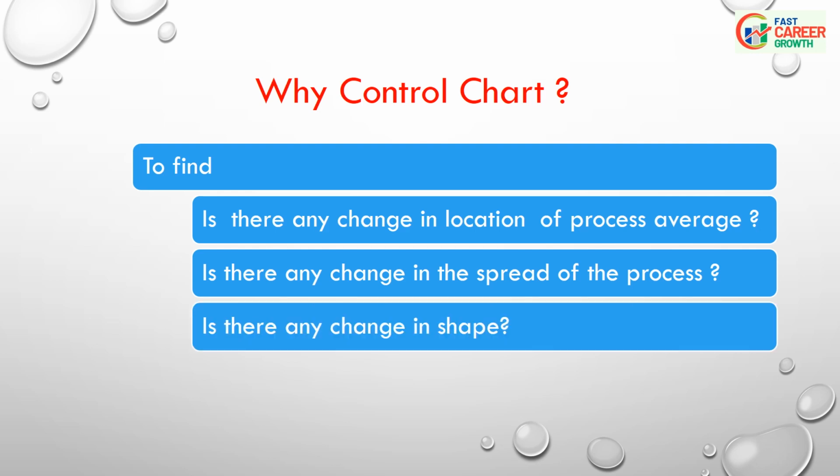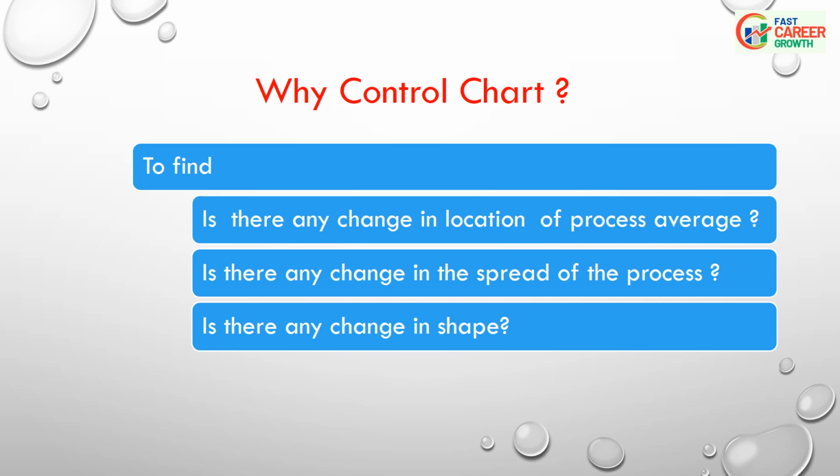These 3 aspects, location of the process average, spread of the process, and shape of the distribution, are fundamental elements of statistical process control. By monitoring and analyzing data with respect to these aspects, organizations can identify and respond to changes in their processes, ultimately leading to better quality control and improved business outcomes.